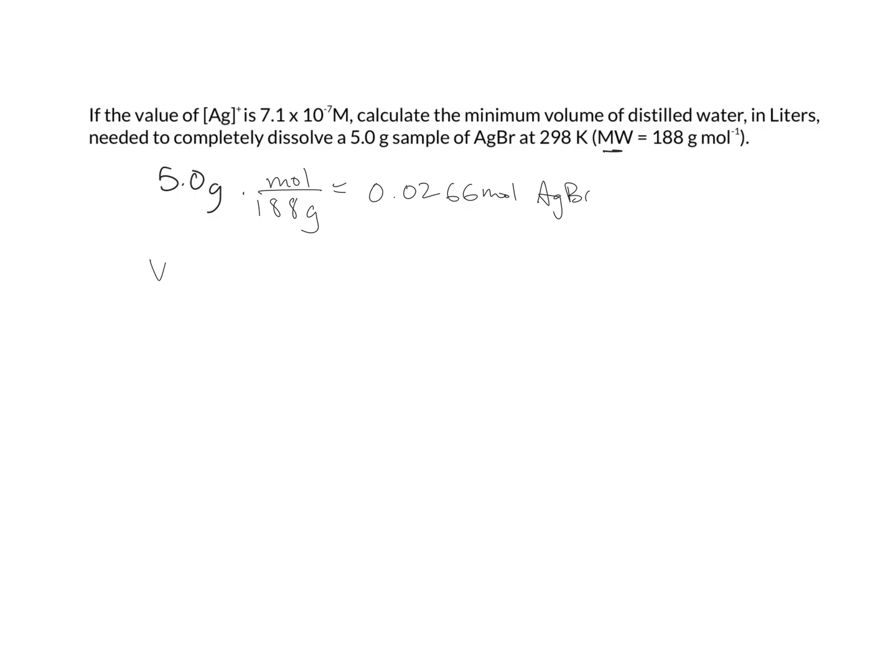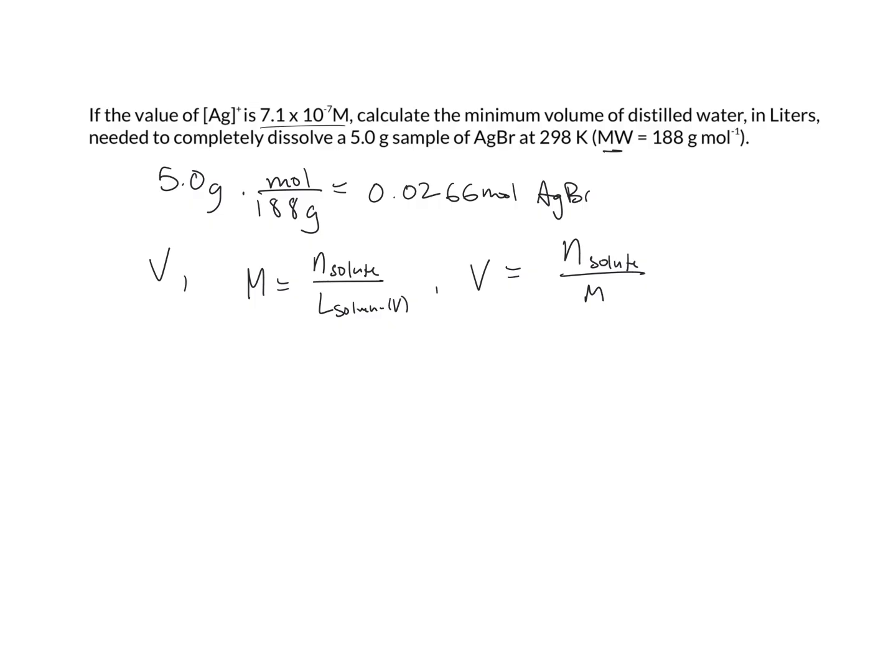And if I want volume, I need to think about my molarity calculation. Molarity is going to equal the number of moles of solute over the liters of solution, also known as V. So if I want to solve for V, I need to divide the number of moles of solute by my molarity, which is given to me right here.